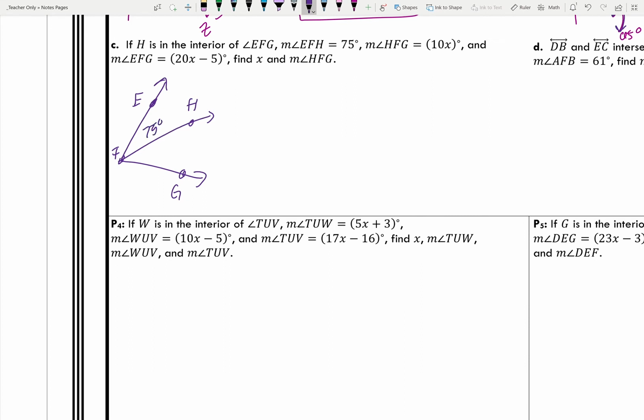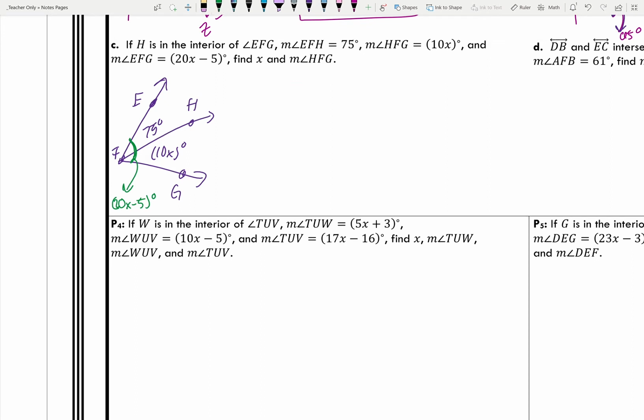The measure of angle HFG is 10x degrees. And the measure of angle EFG, the whole thing, is 20x minus 5 degrees.